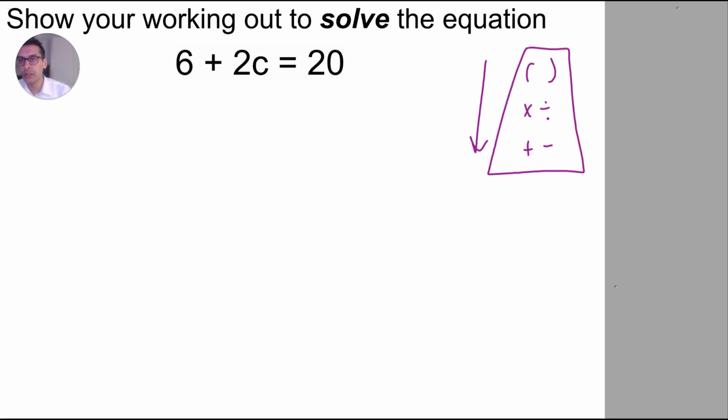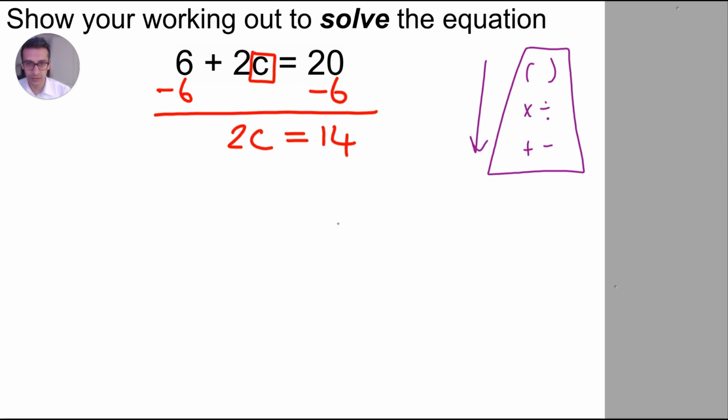Okay, so what we want to do here is isolate c. So I'm going to get rid of the 6 first. I'm going to take away 6 from both sides. That's going to be a 0 pair, so 2c is equal to 14. And then I'm going to divide by 2, divide by 2.